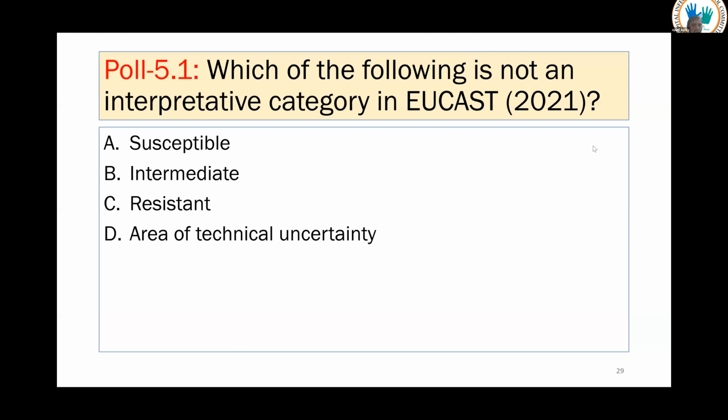Okay, so here the answer is EUCAST. Which category is not there? Can you display the poll result, please? Yes, I'm displaying the full result. Many of you have said ATU.